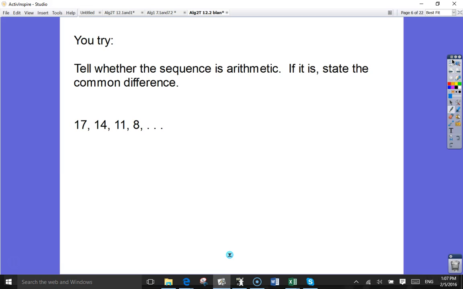What do you say? Arithmetic or not? 14 minus 17 is negative 3. Terms are getting smaller, so it needs to be negative. So that is the d, so this is arithmetic.